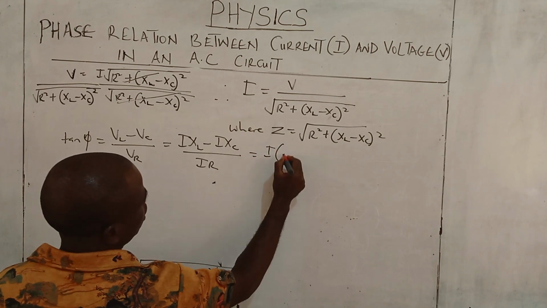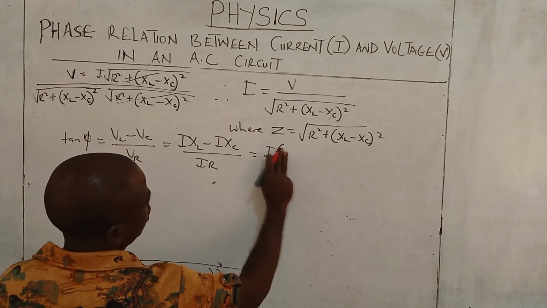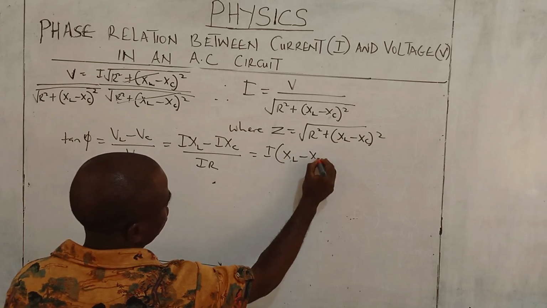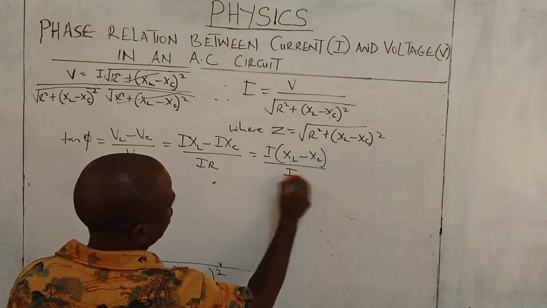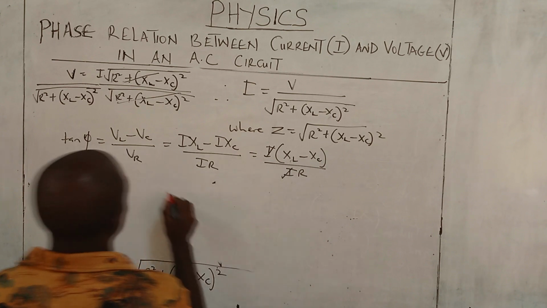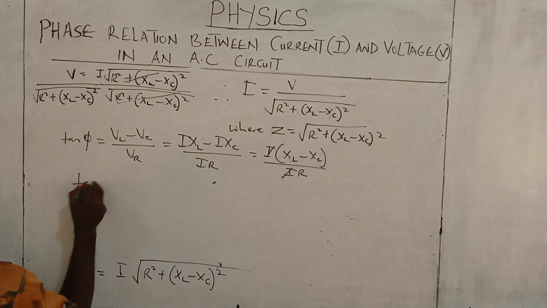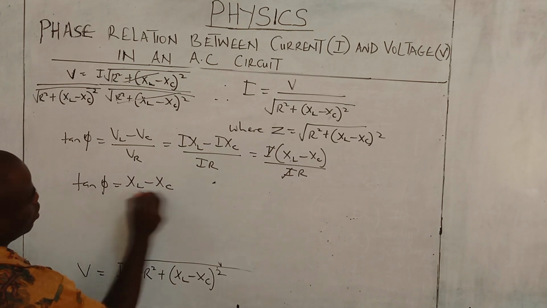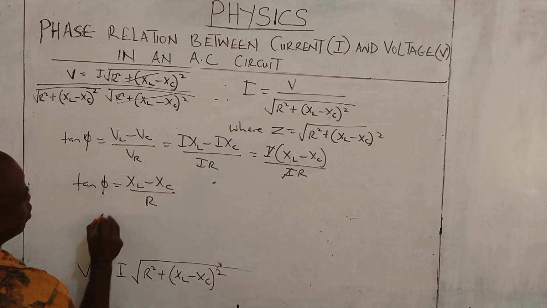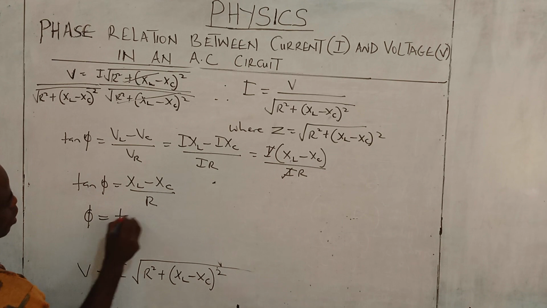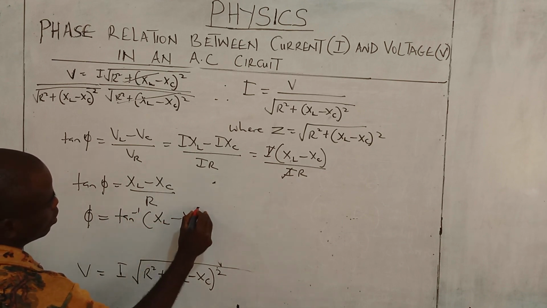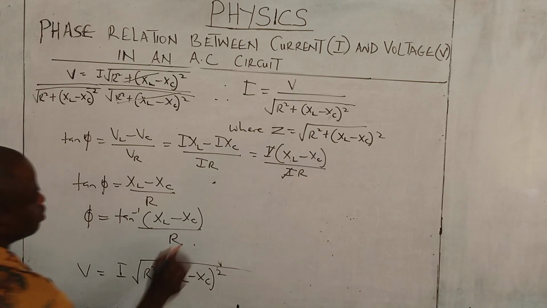I open bracket XL minus XC over IR. I cancel I. Now the tan of the phase angle equals XL minus XC over R. Phase angle equals tan inverse of XL minus XC over R.